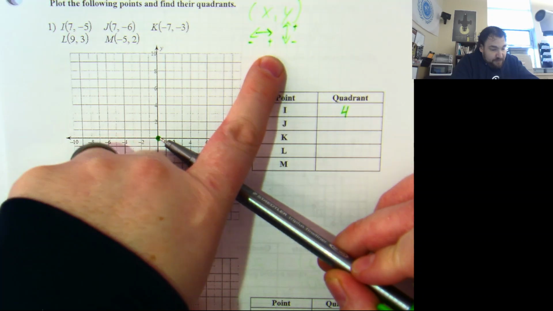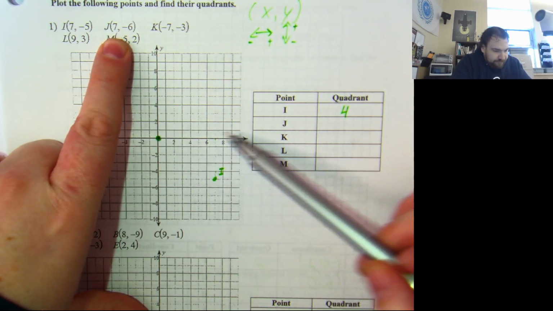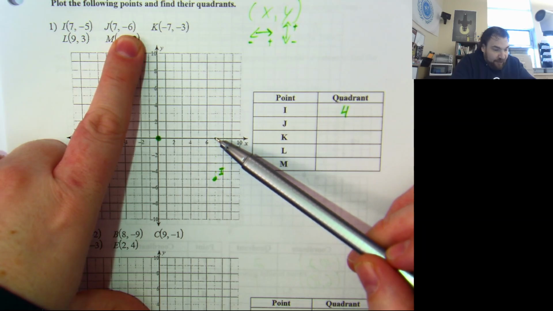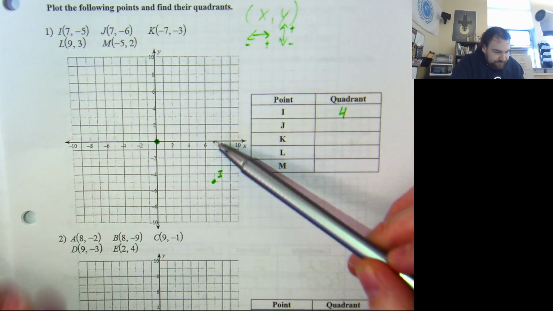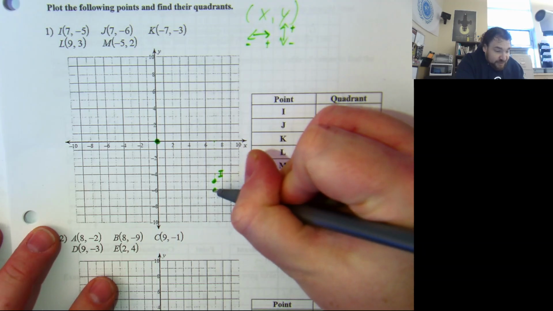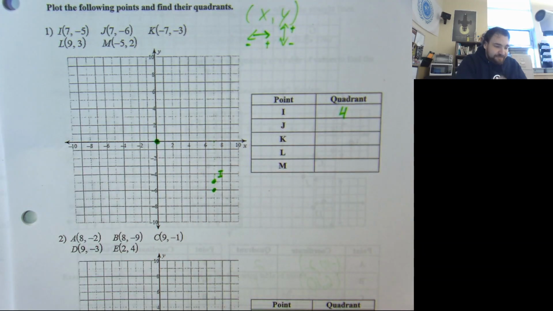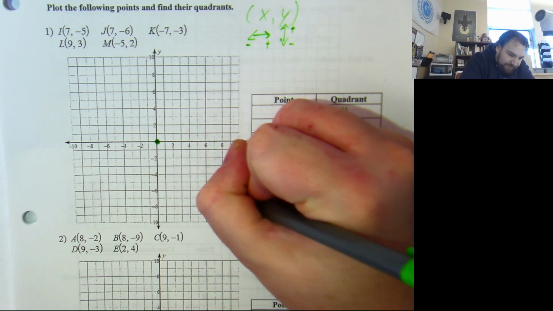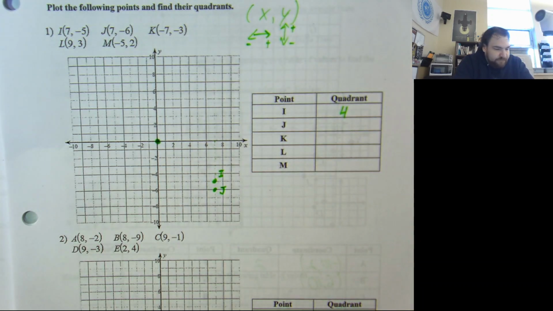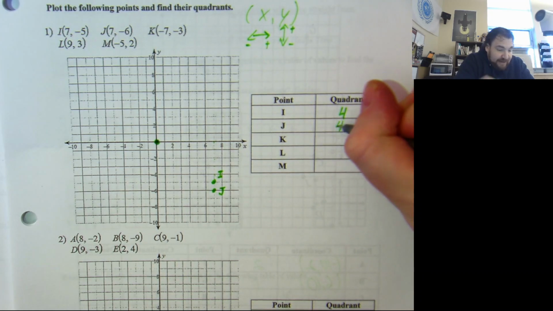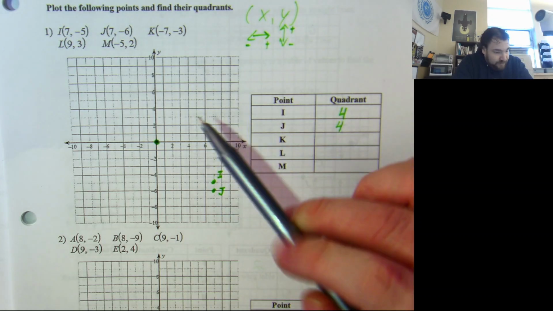So that's an X, and it's moving to the right. And then -6 means we're going down 6. So that's actually going to take us 1 below where we were before. So that's going to be point J. And then that is going to be the same quadrant we were in before. That guy down here is quadrant 4, because it goes 1, 2, 3, 4.